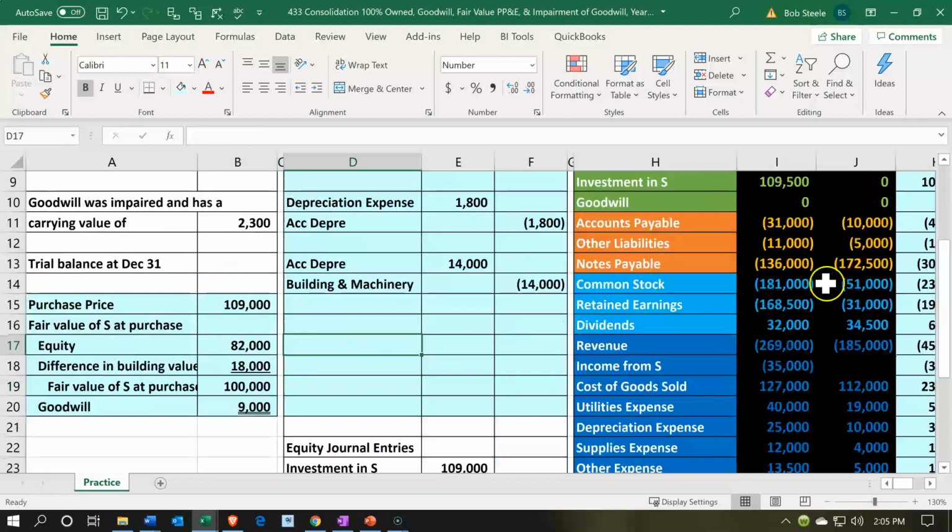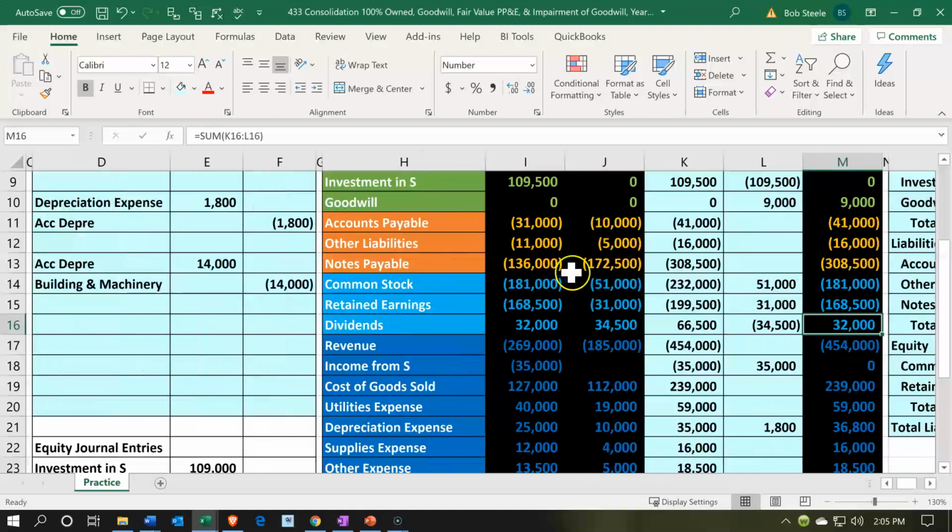All right, so then we're going to have to say goodwill was impaired and has a carrying value of 2,300. So if it says that we calculate the carrying value to be the 2,300, then we're going to need to make this number be the 2,300, which means we have to subtract the 9,000 minus the 2,300 to adjust this to be the carrying value 2,300.